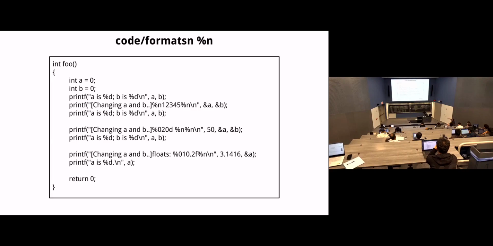After that, there is a %n, but before that, there is another white space. So before this %n, how many characters did we print out so far? This part is 15. This part will be 20. So it's 35. Then there is another white space, so it should be 36.